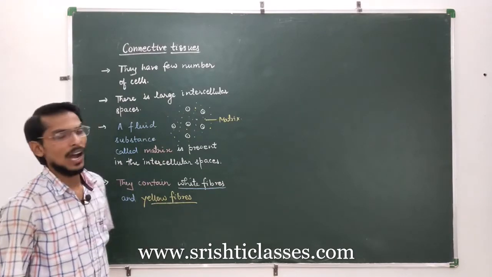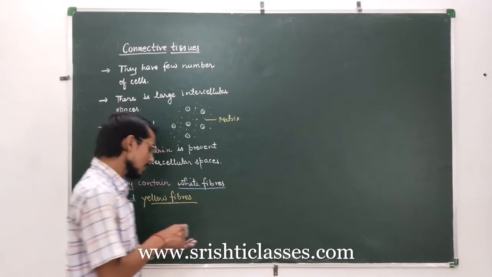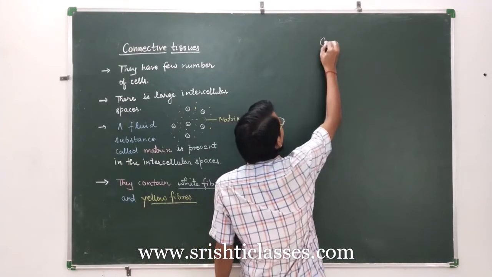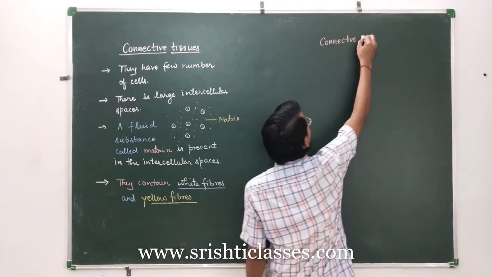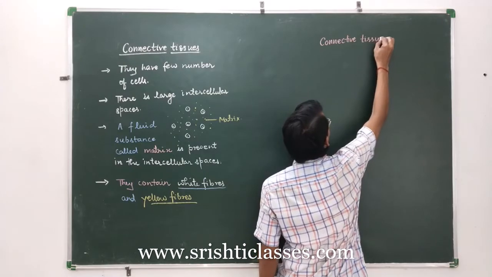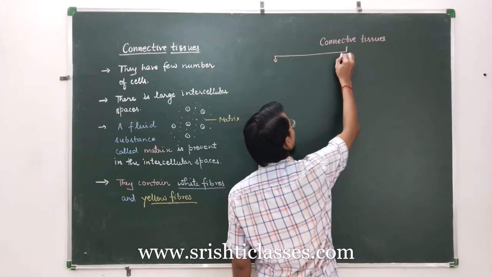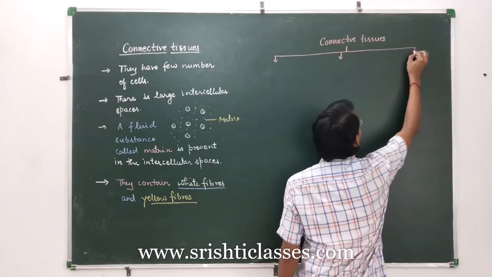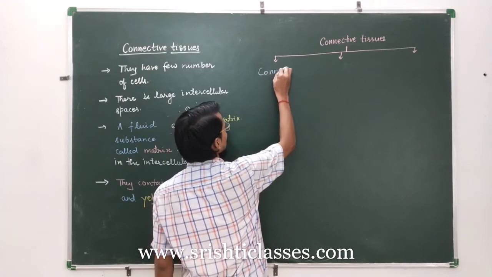Now let us see how connective tissue is further classified. Connective tissues are broadly classified into three categories. The first one is connective tissue proper.